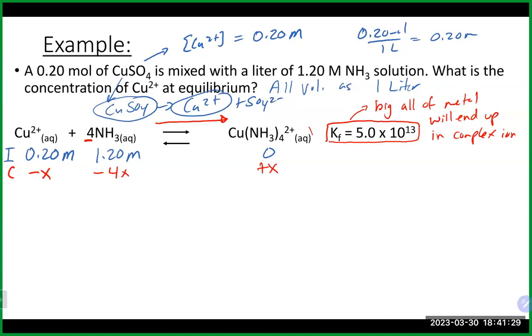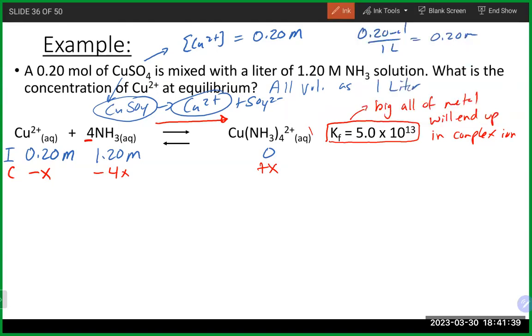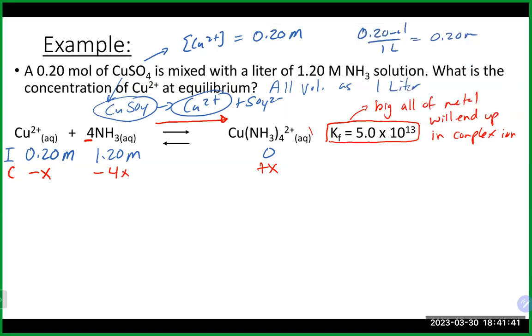So what that means in this particular case is that we actually can use a number for the change part here. Much like what we do when we're doing volume to volume additions, we know that the change here is actually going to be the amount of the metal, which is copper. So I'm just going to do a second change underneath it, which is going to be minus 0.2.